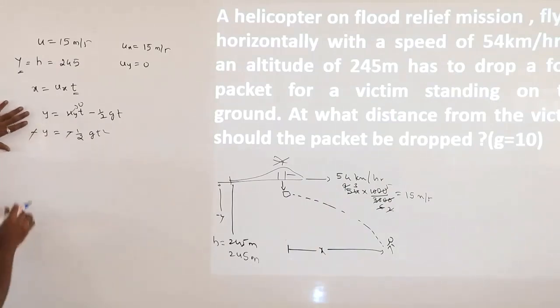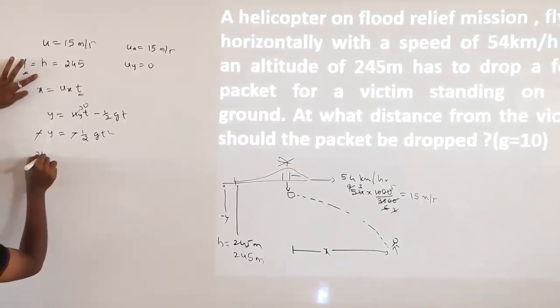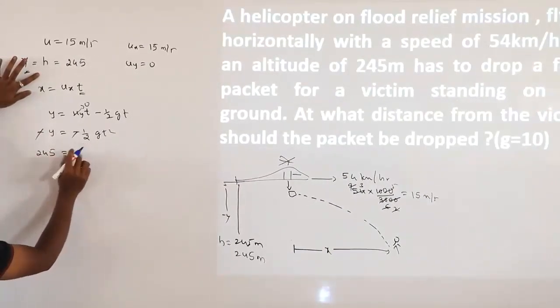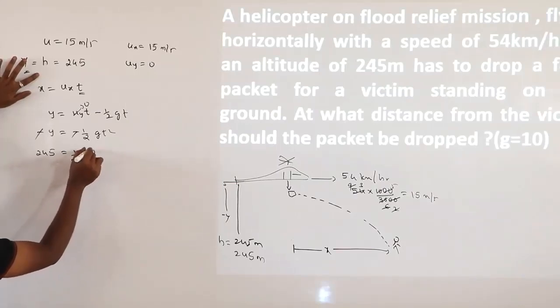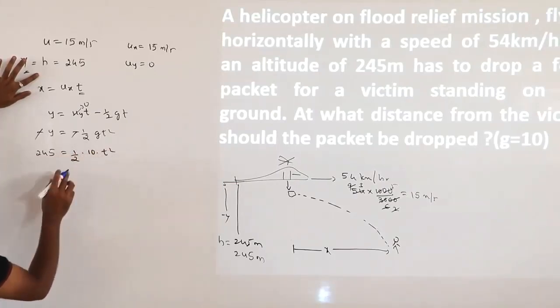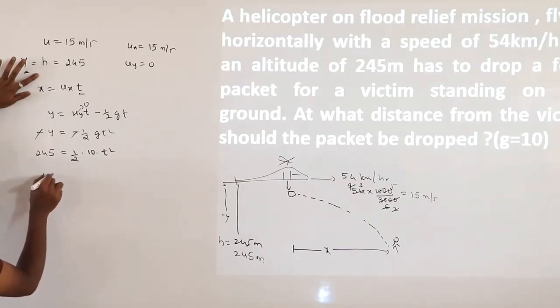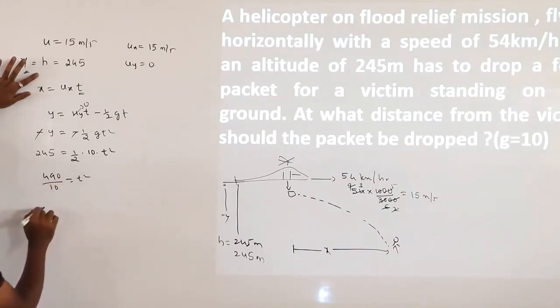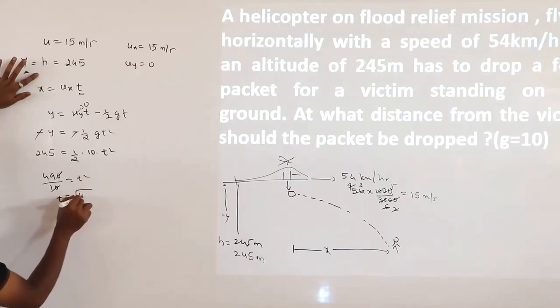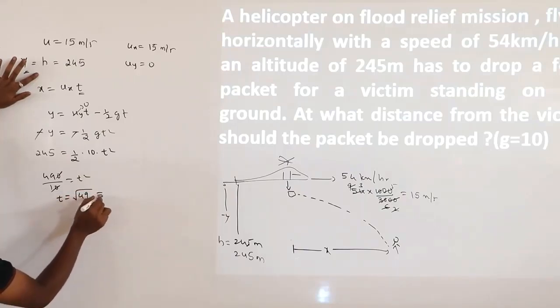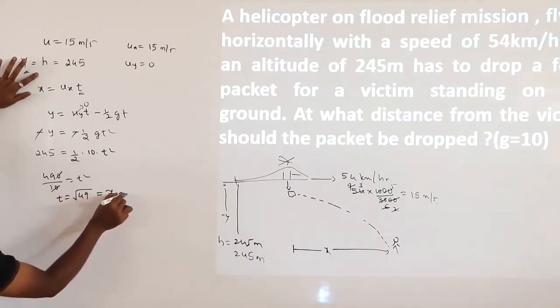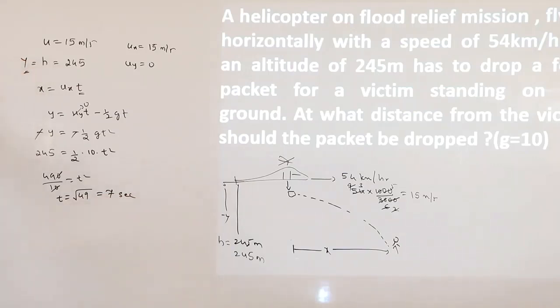What is y? y is 245, half into g, you can take it as 10, so t square. So 245 into 2 becomes 490 divided by 10 equals t square. So t equals square root of 49, which is 7 seconds. Time is 7 seconds.